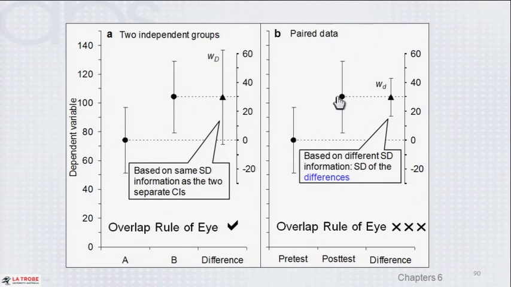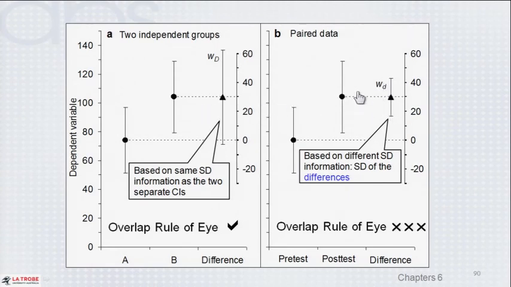Each participant is their own control, and so when we can use a repeated measure study, and there are disadvantages, of course, but when we can use that design, that's terrific. But the fact that this confidence interval length reflects that correlation strongly means that if you just give me these two confidence intervals, there's no way I can assess this change. Without knowing that correlation, there's no way that I can eyeball or figure out the length of this confidence interval.